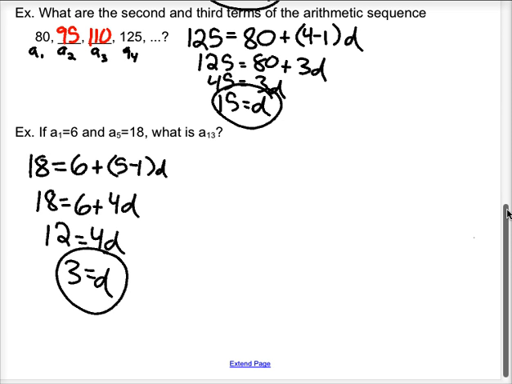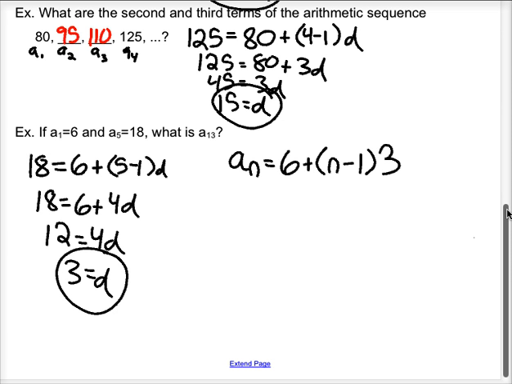Now, recall from yesterday, in order to find future terms, we need that explicit formula. So we're going to rewrite a general explicit formula rule: a_n equals a_1 plus n minus 1 times d, which we now know is 3.